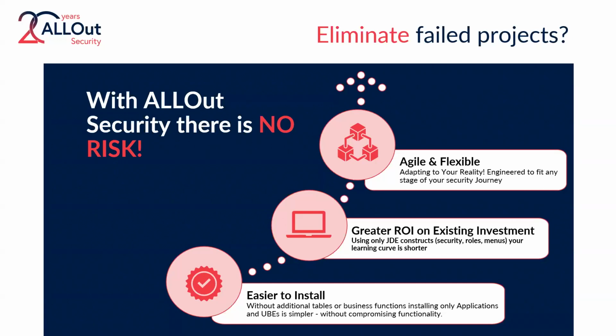So using native JDE tables and concepts, i.e. security, roles, and menus, the software is installed directly into your JDE environment. So ALLOut implementation offers a risk-free approach, delivering out-of-the-box functionality as a result.